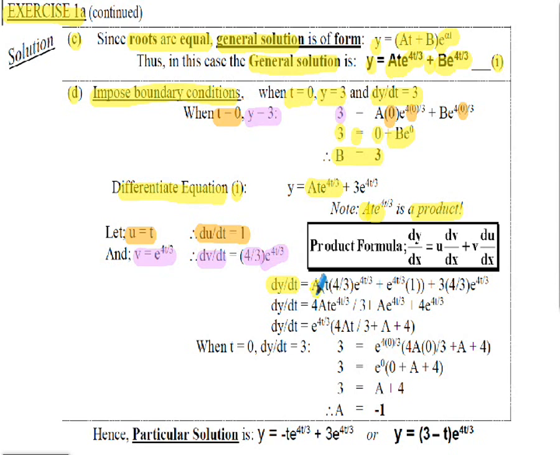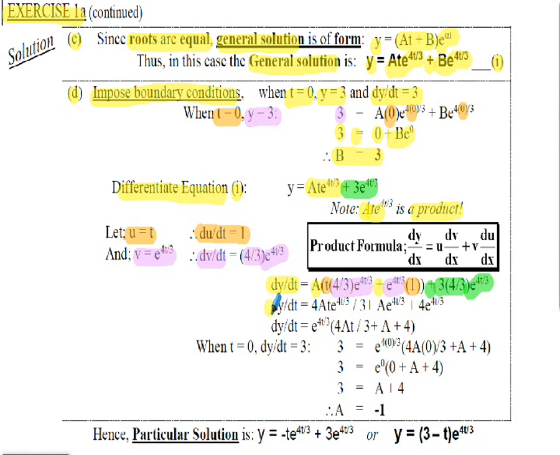We have a multiplied by, in the brackets, the u term which we defined as t, multiplied by the dv by dt term, which is shown here, and then we add to that the v term multiplied by the du by dt term. Now differentiating the second term, the plus 3e to the 4t, that's the standard form of e to the ax, and that differentiates to plus 3 multiplied by 4 divided by 3, e to the 4t upon 3.